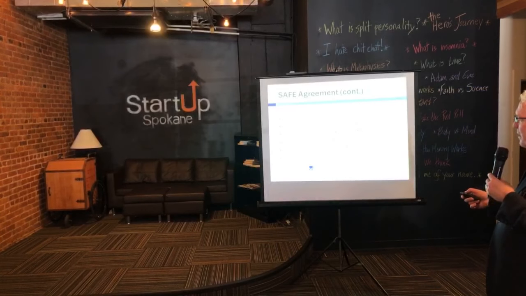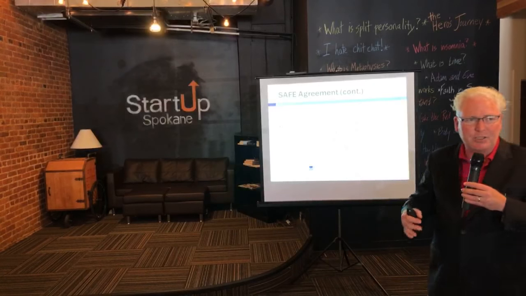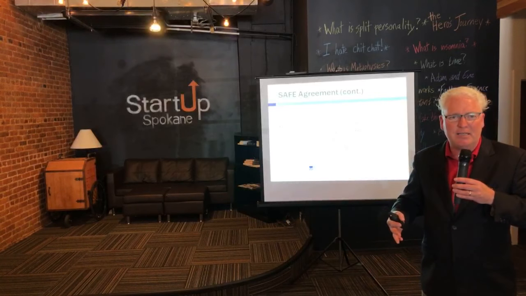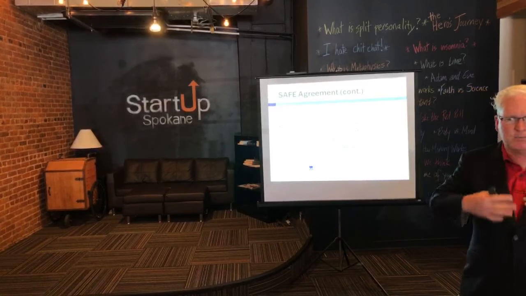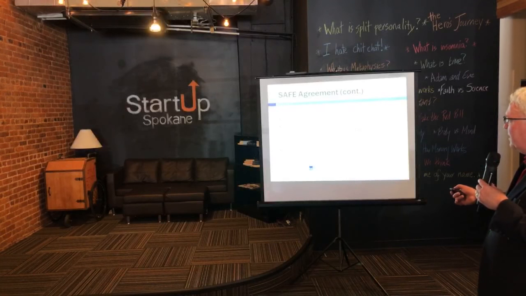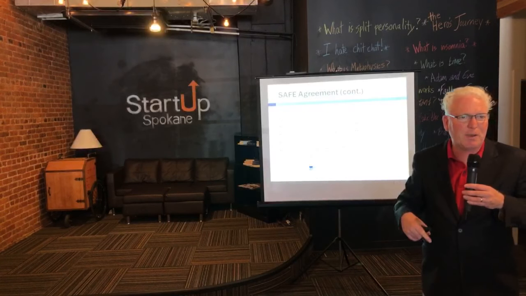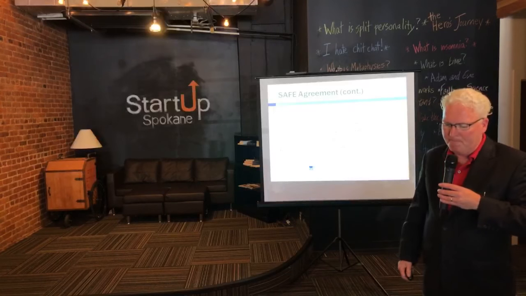Then a SAFE will typically specify that if there's a dissolution event, like the company actually goes bankrupt and the assets are being distributed out to creditors, then the investor is simply a creditor who is entitled to get their $100,000 back if the company has it to pay.